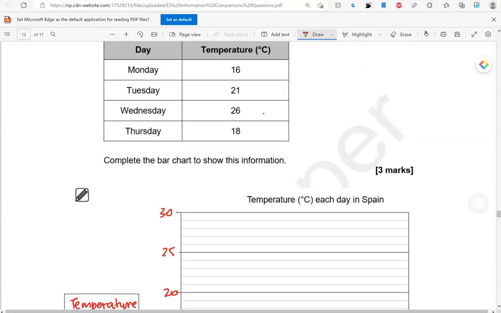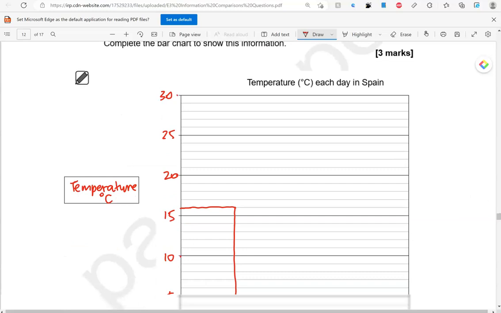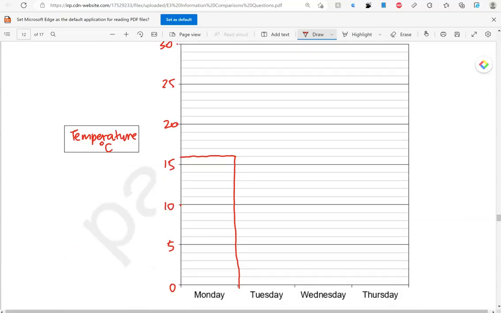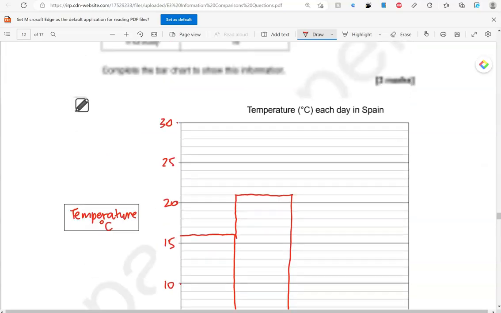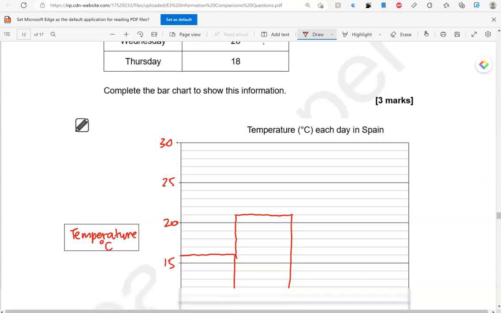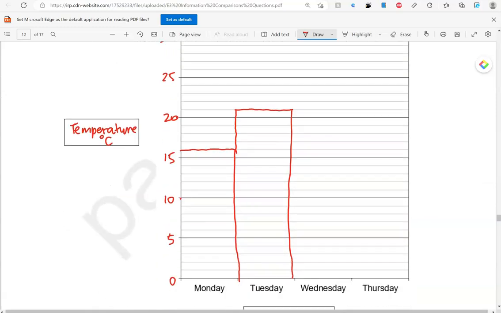Then Tuesday 21. So there is 20, 21. Wednesday goes up to 26. So there is 25, can go to 26, one more.